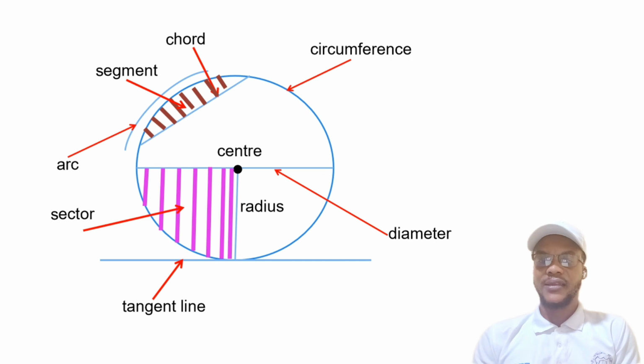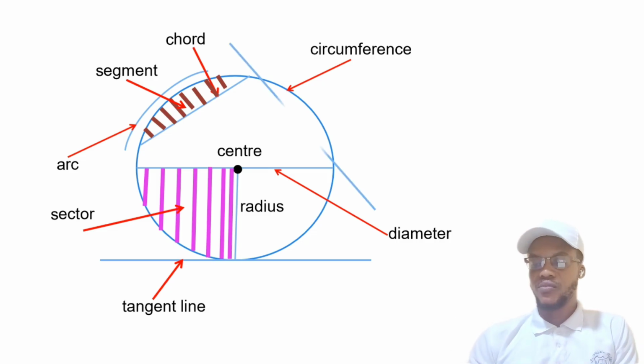And that line is always perpendicular to the radius. And you know that once it is perpendicular, the angle that will form there will be what? 90 degrees. So take note of that. Anytime you draw a tangent line, note that it is perpendicular to the radius. All right, so let's move on.